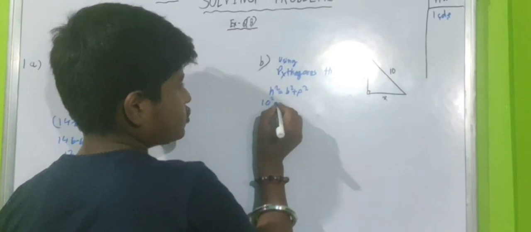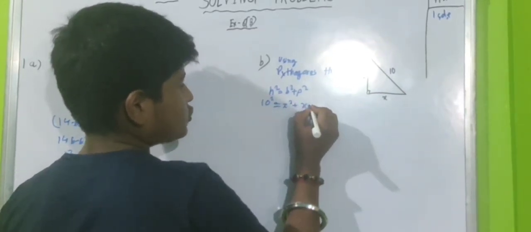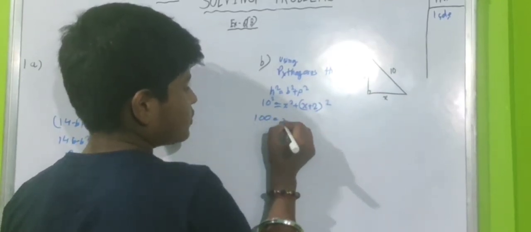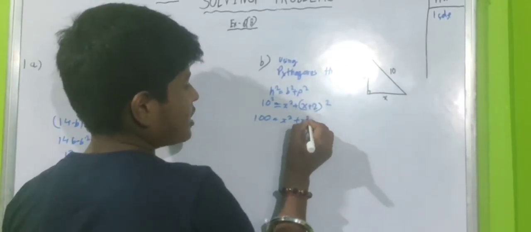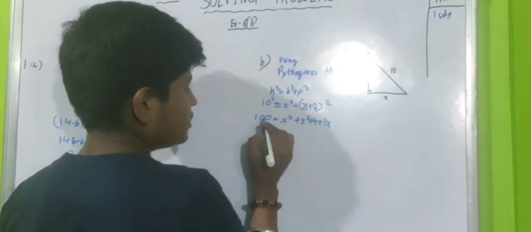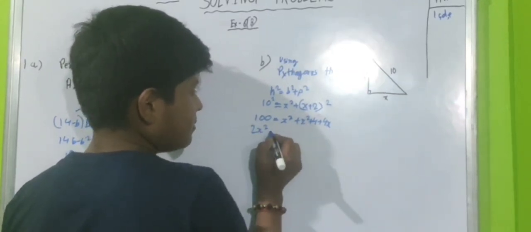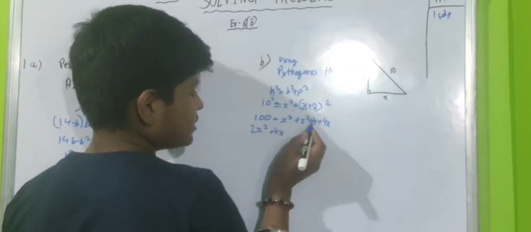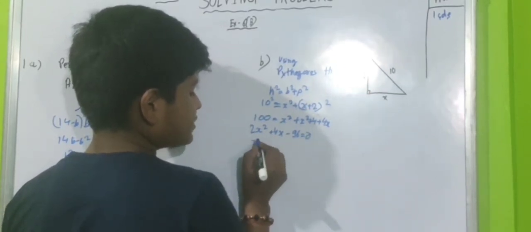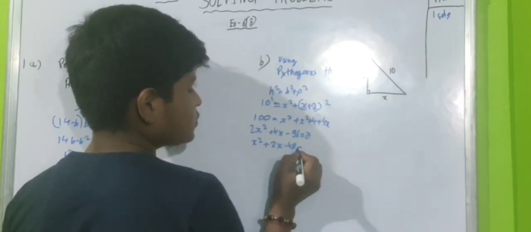That is 10 square equals x square plus x plus 2 whole square. It will be 100 equals x square plus x square plus 4 plus 4x. So now this will be 2x square plus 4x minus 96 is equal to 0. Now divide by 2, it will be x square plus 2x minus 48, as 2 is common to all.